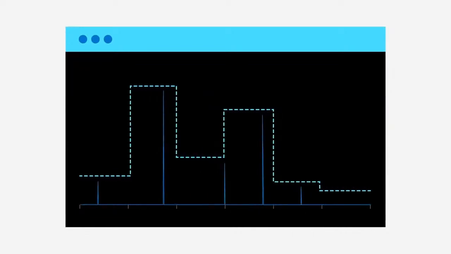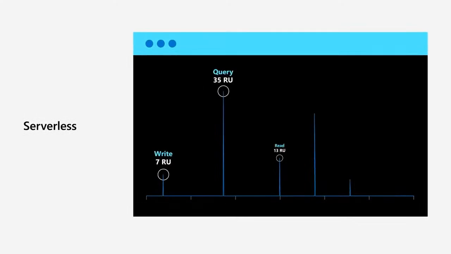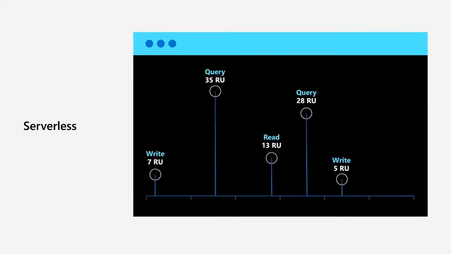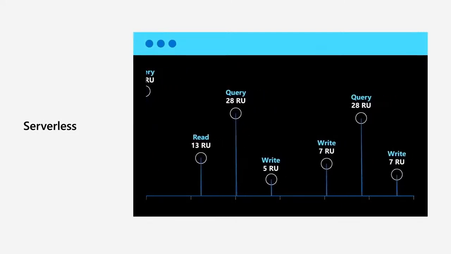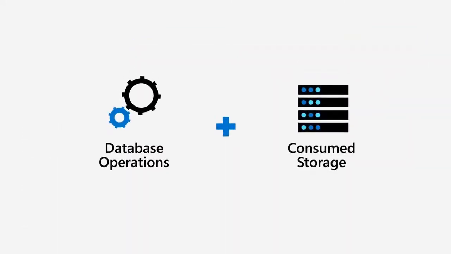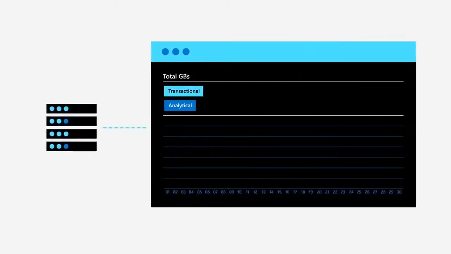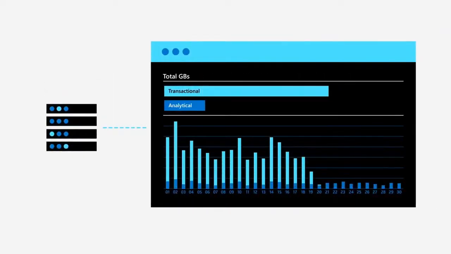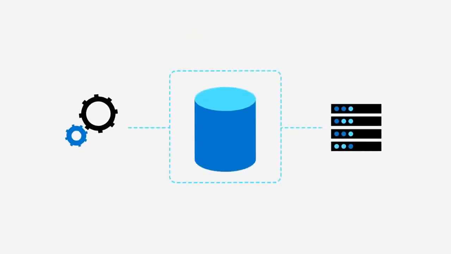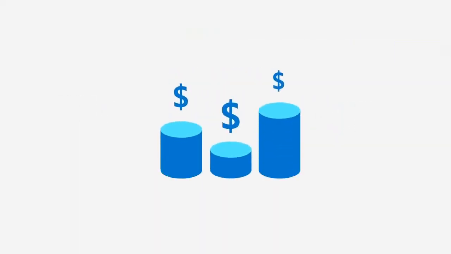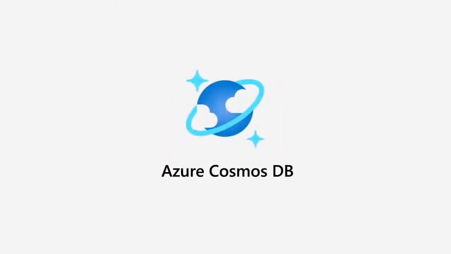These applications can benefit from the serverless model. While it has a higher unit cost, it's consumption-based and only charges for the request units used per database operation. With consumed storage, fees are charged for the total gigabytes used per month for both transactional and analytical storage. You also pay for storage I/O and analytical storage. Get the most value from your workloads by understanding the components you're built for in Azure Cosmos DB.